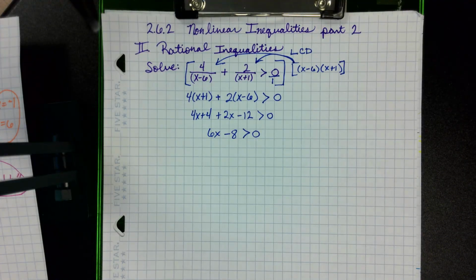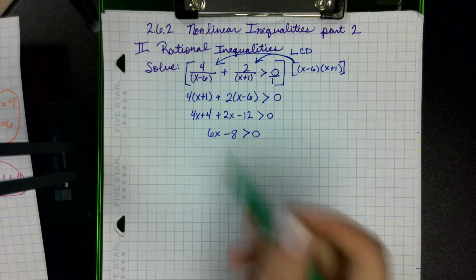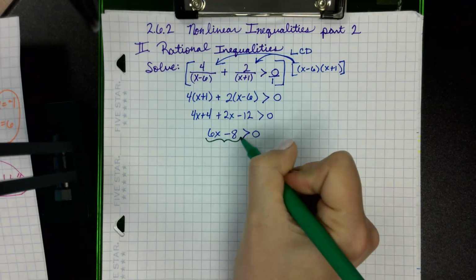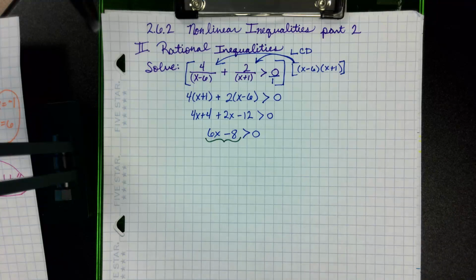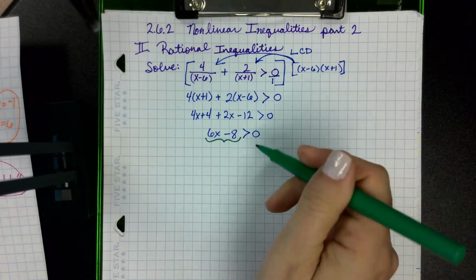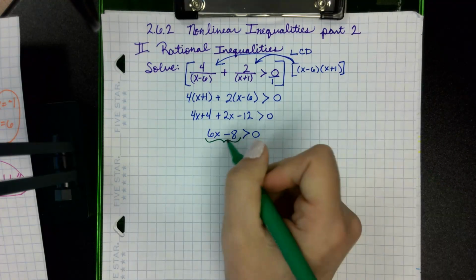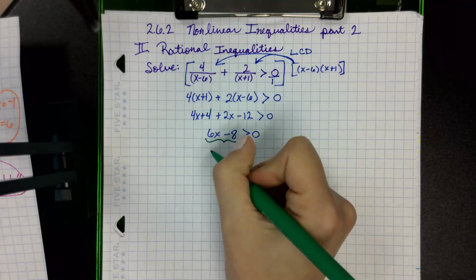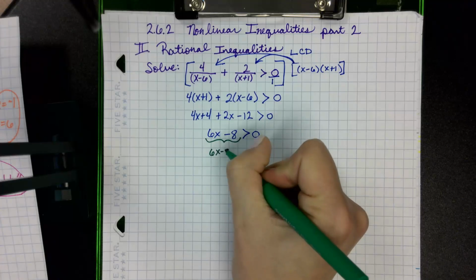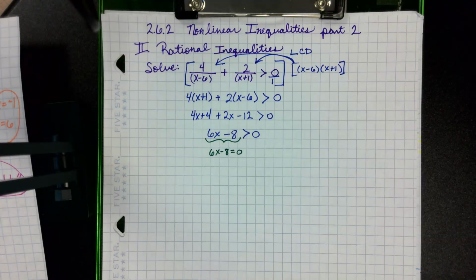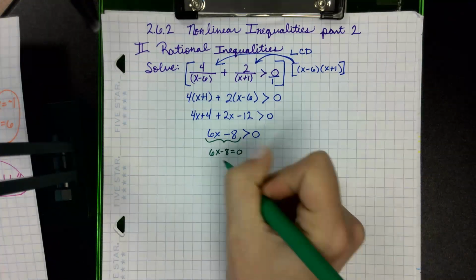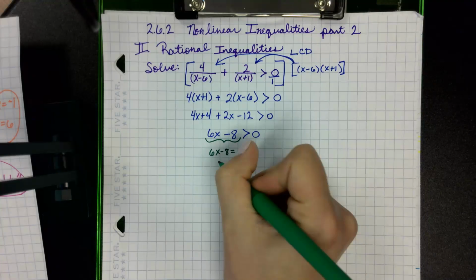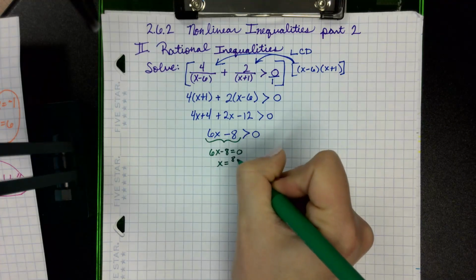All right, we're looking for critical numbers. So I'm just being technical here because it's an inequality symbol. But we want to find critical numbers, so we're going to make that an equation. We're going to set 6x minus 8 equals 0. So add the 8, divide by 6. X would equal 8 over 6.